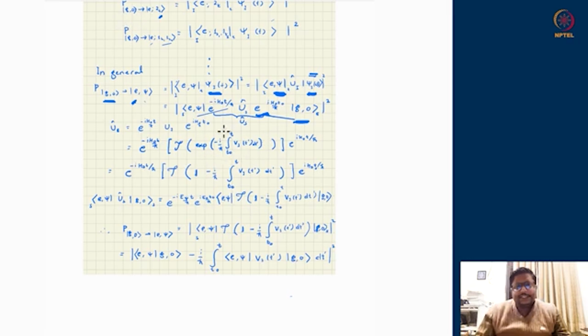Now, once this exponential has appeared over here and we have decided that the interaction potential is feeble, not very strong, I can see that this exponential has the character e to the power minus x, with a small x. The interaction Hamiltonian is not very strong, so I can Taylor expand this exponential. So this is a 1 minus x kind of term. There could also be x square plus x cube terms, which I'm ignoring, because when we were discussing the linear or bilinear coupling, I had already thrown away higher order field operators, phi square or a square.